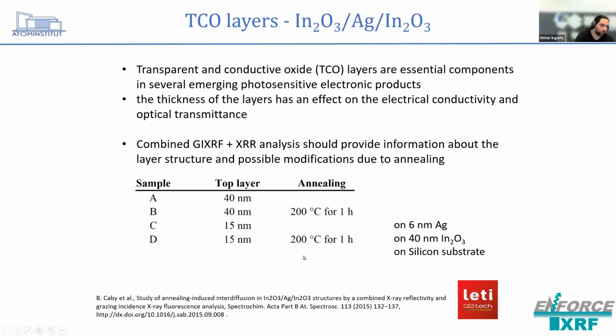One of the technologically very interesting samples came from our cooperation with Leti and Wien. They investigated transparent conductive oxide layers, which in this case contained indium oxide with silver layers in between. The interesting part is what happens during the annealing of these layers.